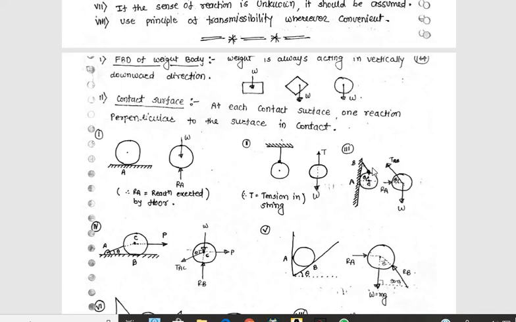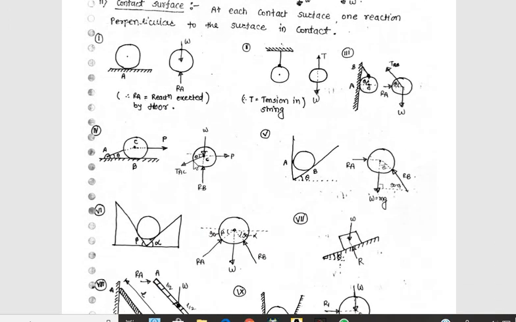Such a figure is given in numericals or in the examination, and for the analysis of the problem you have to draw the free body diagram of the system like this. Next, again there are contact reactions, tension in the cable, weight, and P. Here there is one inclined wall and one vertical wall, so there are two contact surfaces, so two normal reactions, and the self weight of the cylinder.